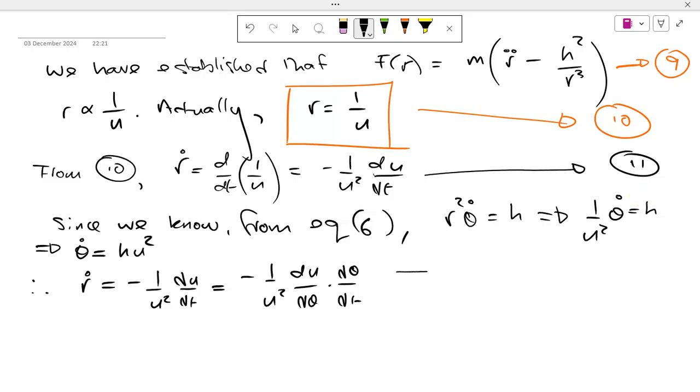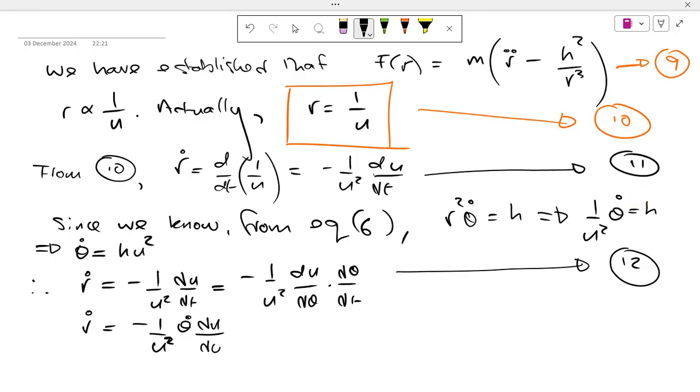So we've gone from equation 11 to equation 12. So r dot is now equal to minus 1 over u squared times theta dot times du by d theta.